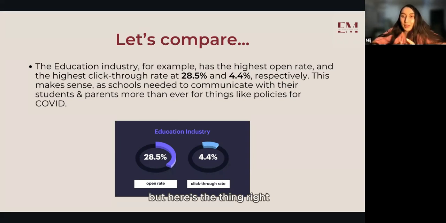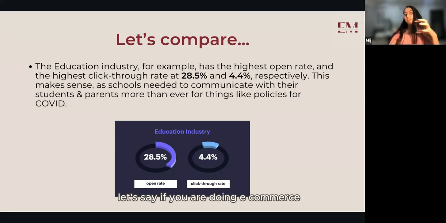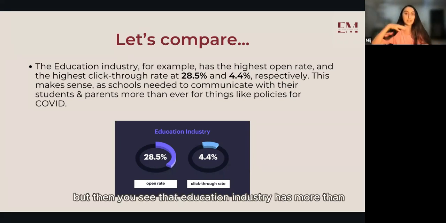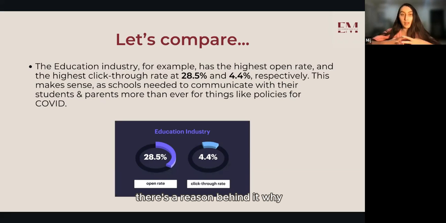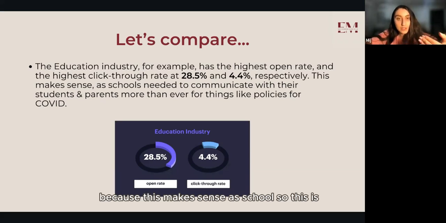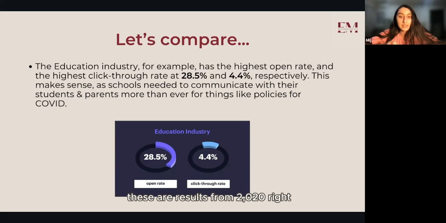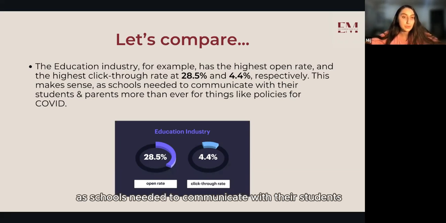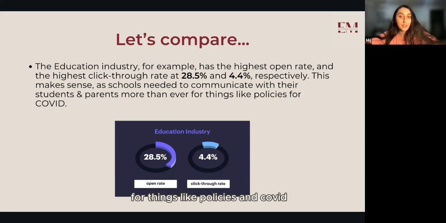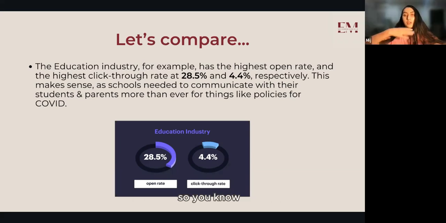But here's the thing, right? You cannot compare, let's say, if you are doing e-commerce and you have less than that, but then you see that the education industry has more, then there's a reason behind it. Why? Because this makes sense. These are results from 2020, right? As schools needed to communicate with their students and parents more than ever for things like policies and COVID. So back then universities and schools used email marketing to send all this information, maybe some newsletters.